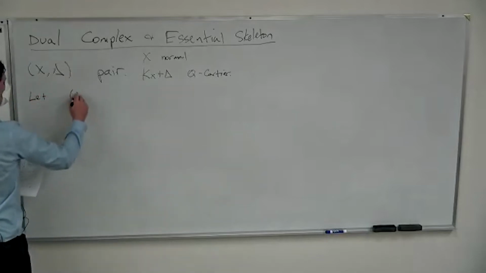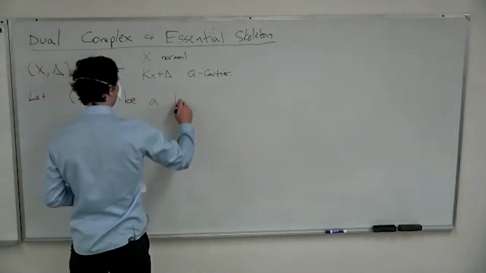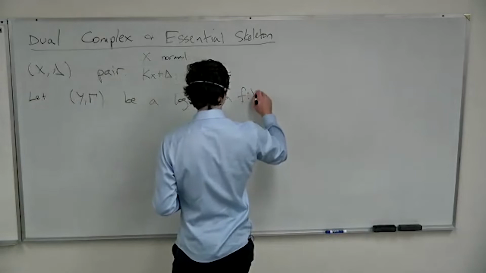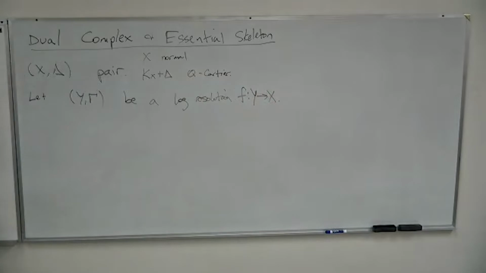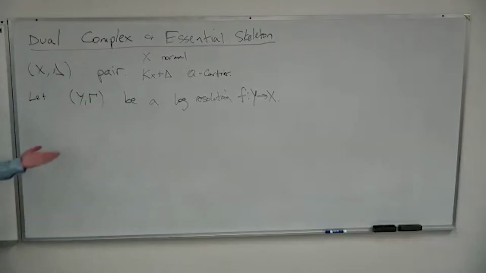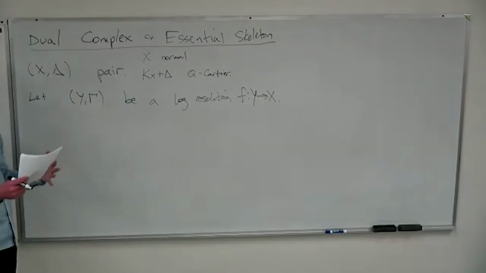Let (Y, Gamma) be a log resolution, and so then we'd have f from Y to X. In this notation, Gamma is all the exceptional divisors as well as the strict transform of Delta, and you just assign everything coefficient 1. This is the standard way to present your log resolution. In particular, this being a log resolution means that Gamma itself has normal crossings.